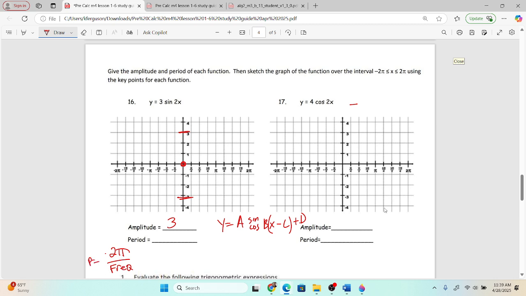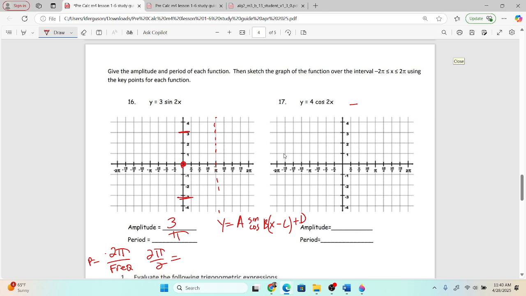The frequency is 2. So my period is 2 pi over 2, which is pi. That tells me I can get through one complete sine graph from here to there.